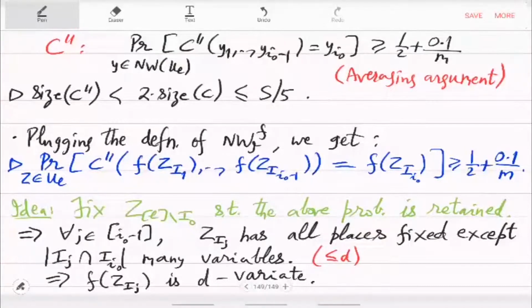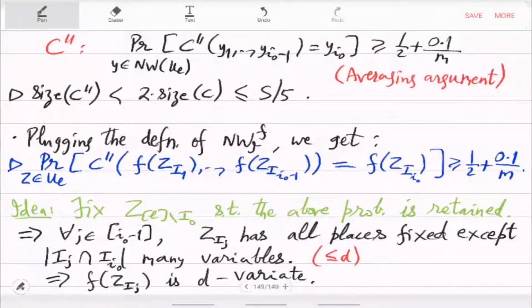Remember that we started with an average case hard function. So, in the left hand side, our goal is to make these f on Zi1 etc. easy to evaluate, so that we can claim that left hand side is easy, right hand side is hard, but still we are able to get an equality.